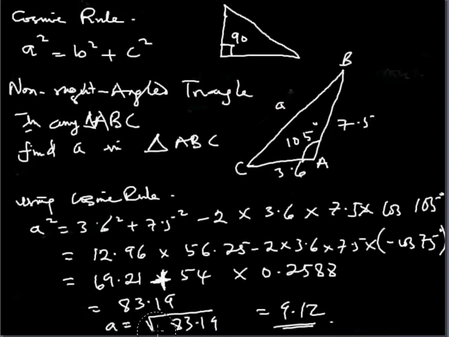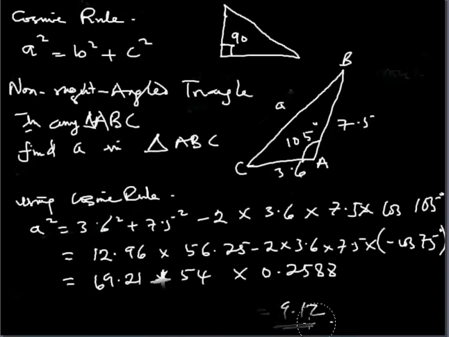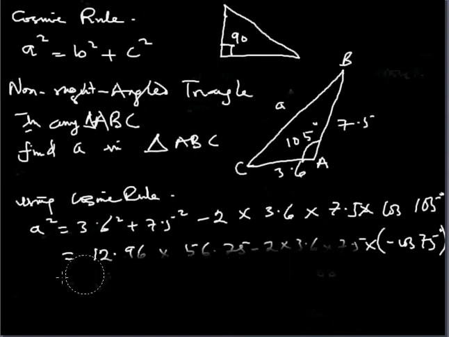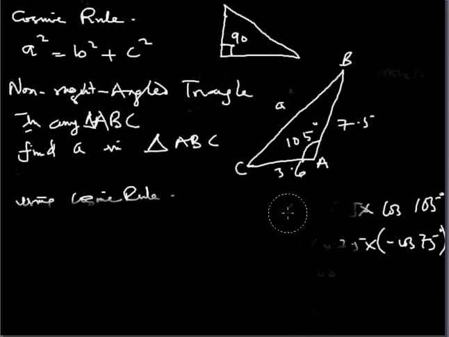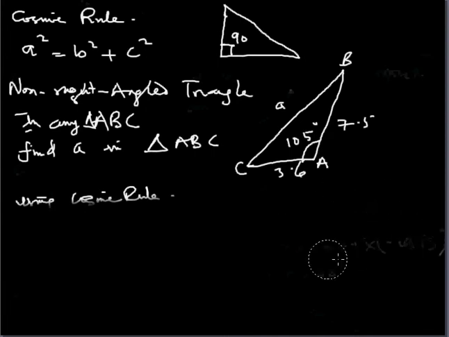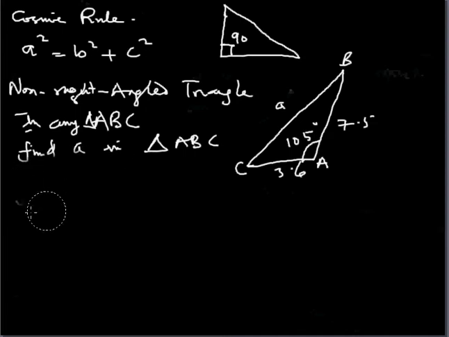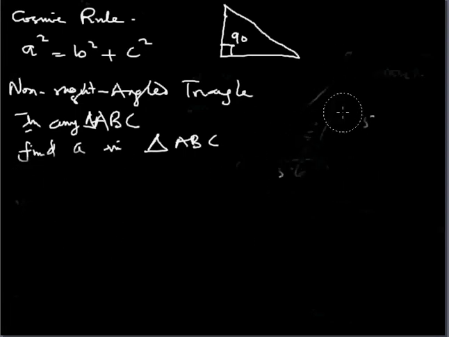In any given example, you look at which sides you are given, and that will let you make a judgment: let me use a cosine rule, or let me use a sine rule. You can use the sine rule to also solve the same questions that we just finished solving with the cosine rule.